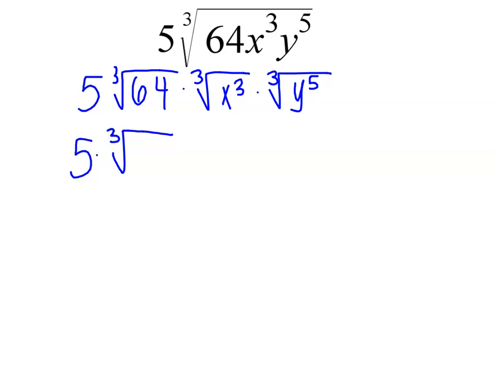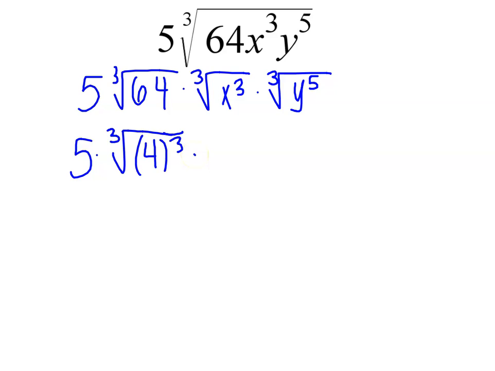It's really 4 times 4 times 4, which is 4 cubed. And the goal is to get an exponent of 3 here. And the reason for that is when you take the cube root of something cubed, they're inverse operations, so they cancel out.